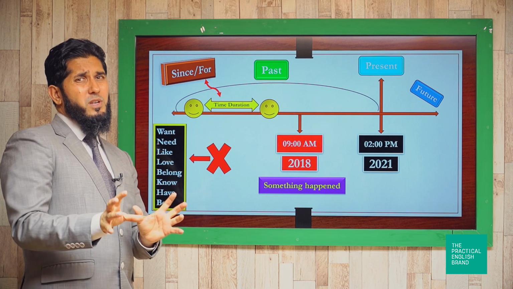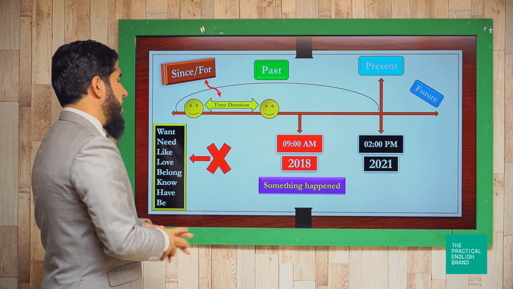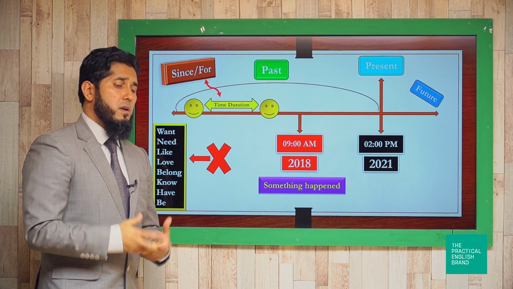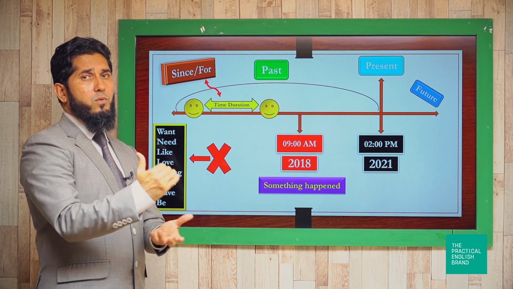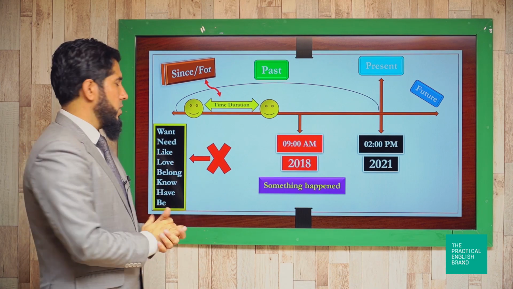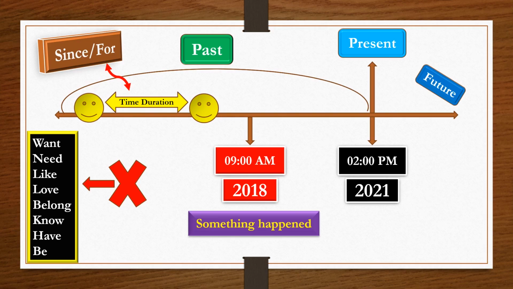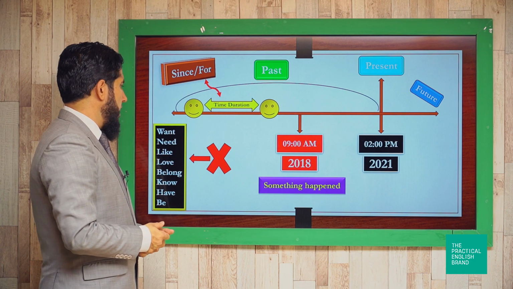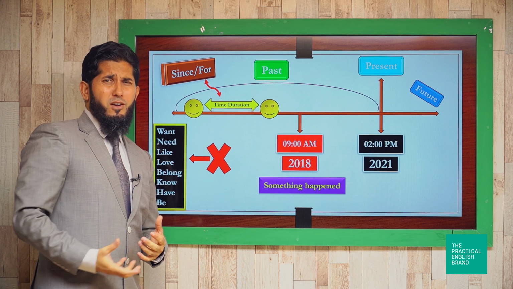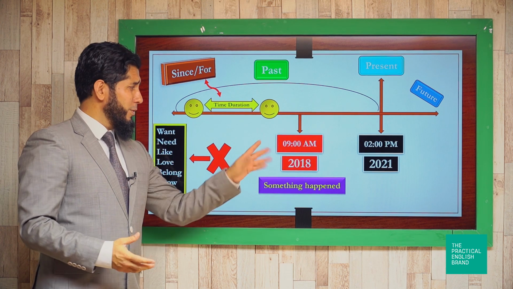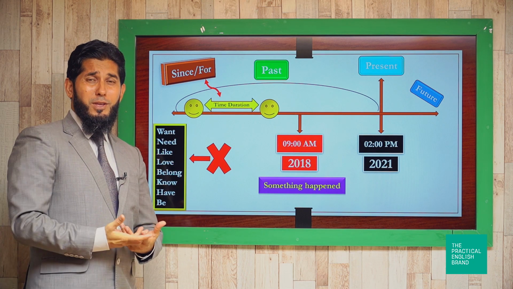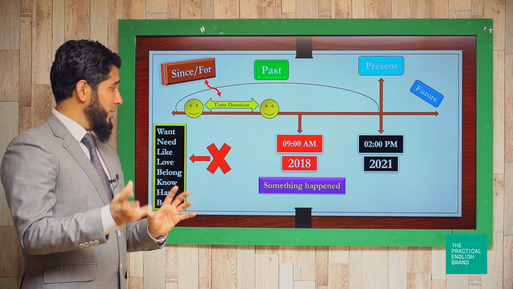I mean, there are a few exceptional cases, but my advice for you is not to use them in continuous tenses unless you have full command over those exceptional cases, okay? So, like these verbs: want, need, like, love, belong, know, have, be. For example, we could not say, I had been wanting a car for many years before 2018, or for example, I had been needing something for a while before I found it.